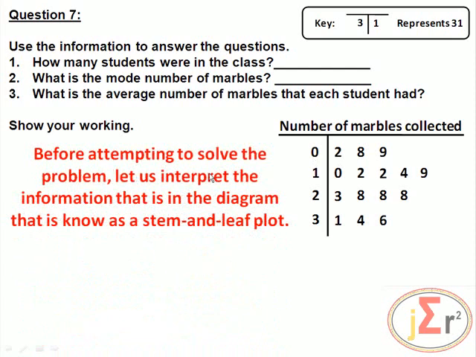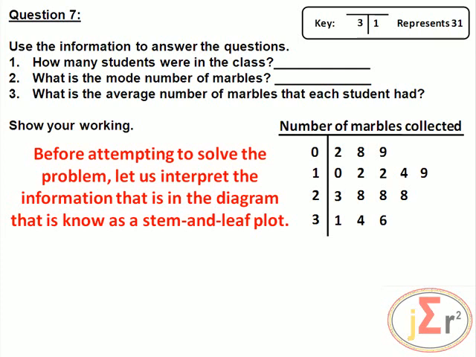Before attempting to solve the problem, let us interpret the information that is in the diagram. The diagram is known as a stem and leaf plot. So this diagram in this format is called a stem and leaf plot.